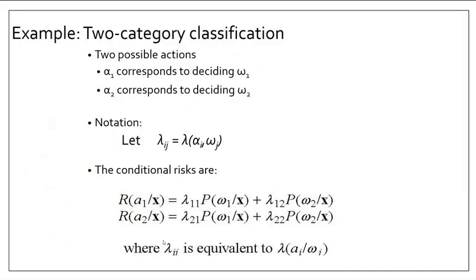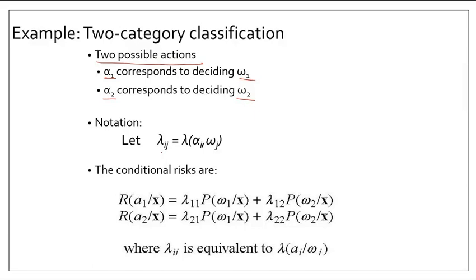Now let us take a simple case of two categories for understanding purposes, and we will try to modify the Bayes decision with incorporation of losses. Now let us have two possible actions, alpha 1 and alpha 2. So alpha 1 corresponds to decision omega 1 and alpha 2 corresponds to decision omega 2.